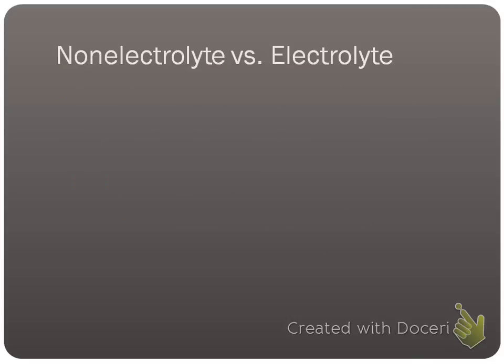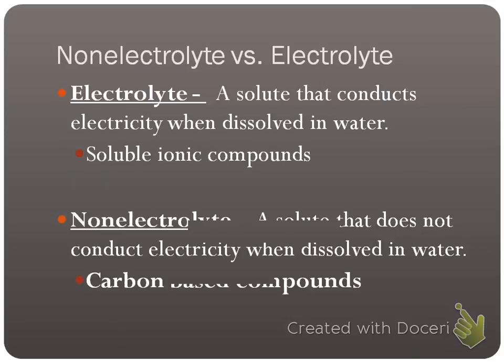Okay, so then we also talked about, if we take some of these solutions and test them to see if they conduct electricity, if it's a solid that's ionic and it dissolves, it's an electrolyte. So all ionic compounds, and you guys know what an ionic compound is, right? What's a combination of what? So what's an ionic compound? You have to have two things.